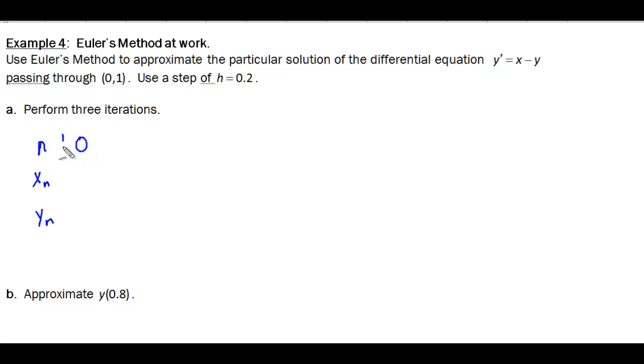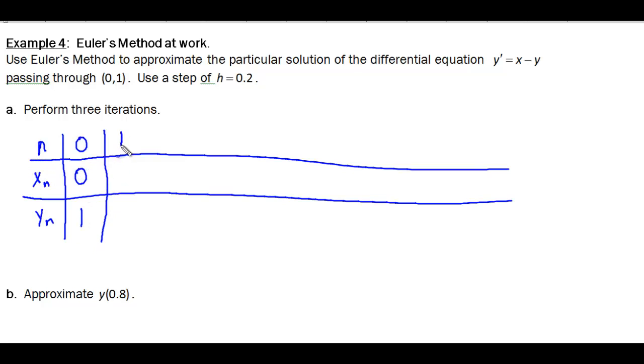So when n is 0, we get x of 0, y of 1. When n is 1, remember, xn equals xn minus 1 plus h, and yn equals yn minus 1 plus h times f of xn minus 1, yn minus 1.